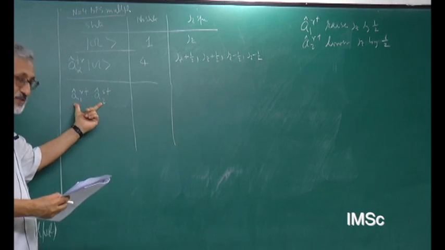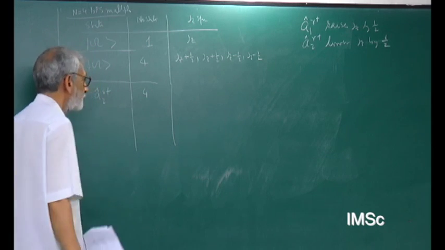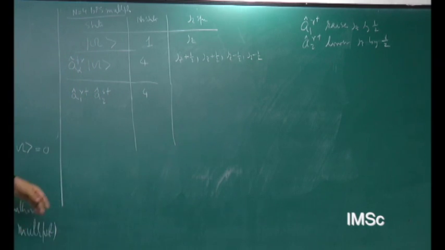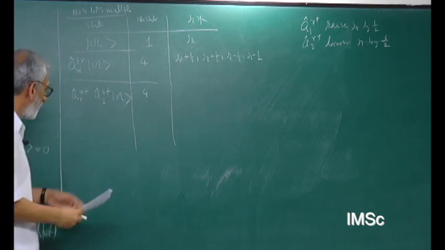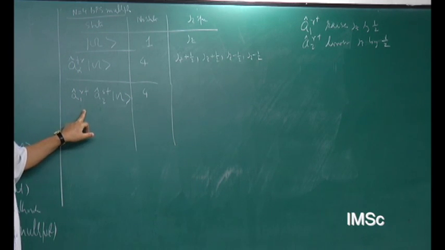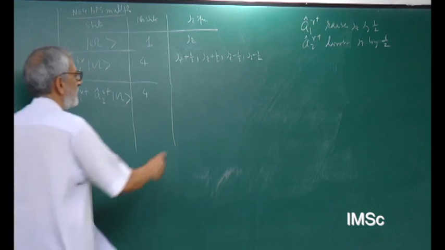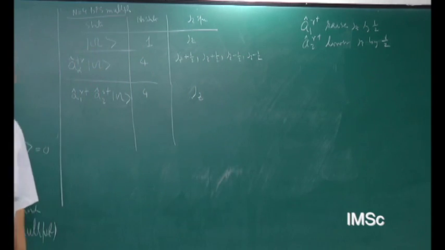So this is how many states? 4. One of them will decrease the JZ value, the other will increase it, which means it will be the same as this.